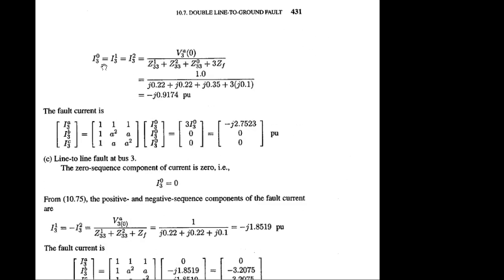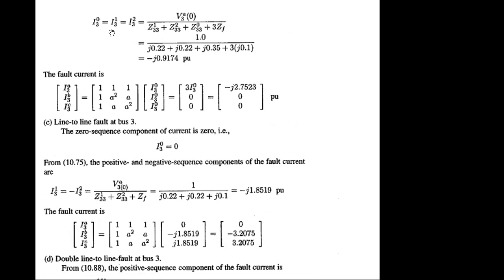This is the derivation result, right? I30, I31 and I32. If you can recall, this is the IA0. IA0 will be I30, only you have single line to ground for this part, right?